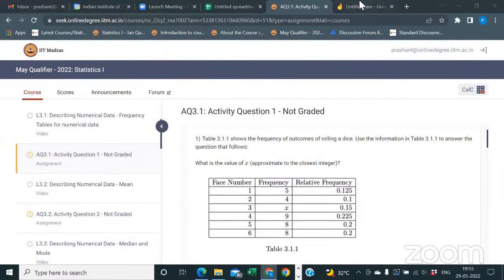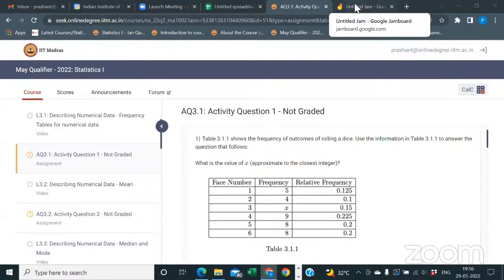You know the formula for finding the relative frequency: relative frequency equals frequency divided by n, which is the number of observations. Here the number of observations is 6, and we are given the frequency and relative frequency. The number of observations will be the sum of the frequencies, the total of the frequencies.